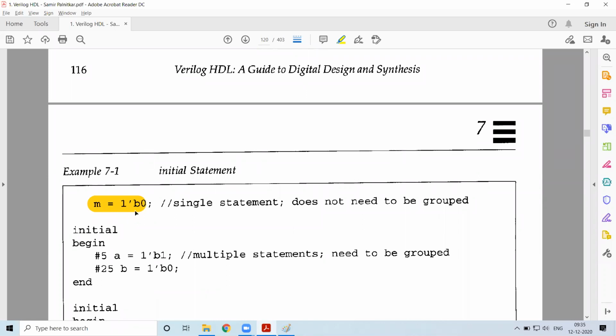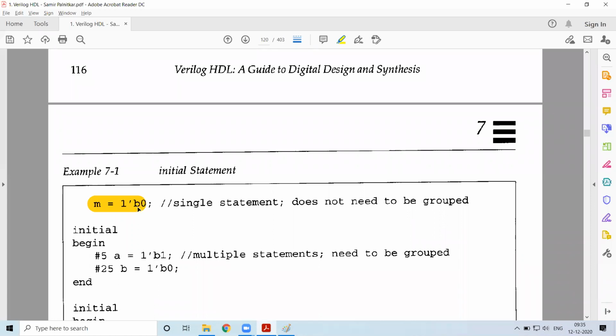I hope you remember what this implies. It implies the size of the data, that it is 1 bit. The apostrophe with the b represents the data format, sorry, not data type.